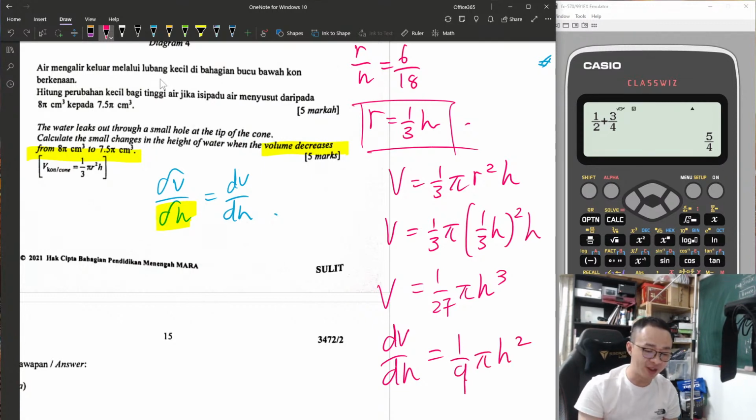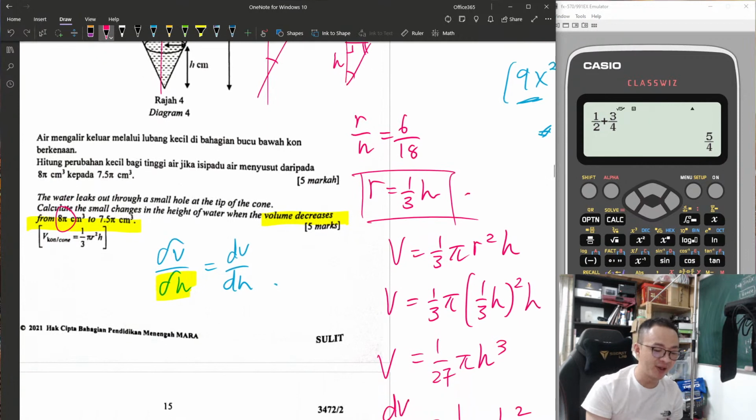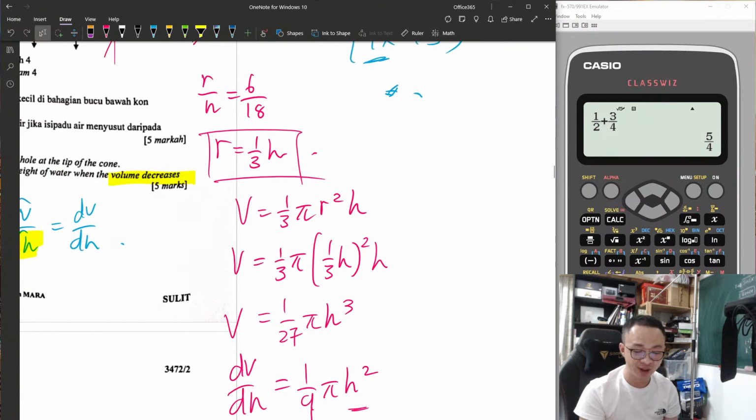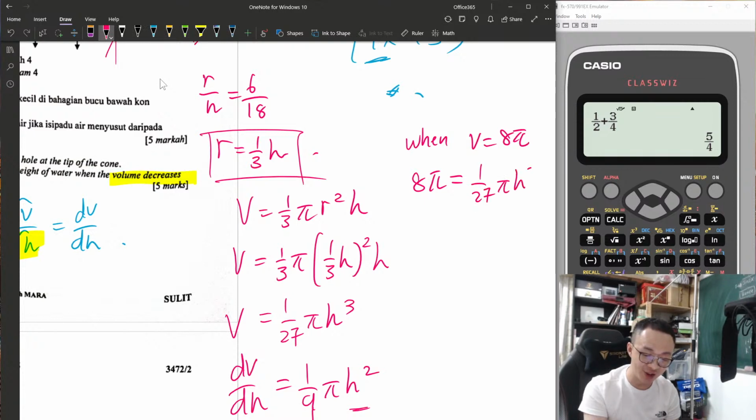Alright, I want to know what my height is here. I don't have the height, but I have the original volume, which is 8 pi. So I should be able to get h by substituting 8 pi into V. When V equals 8 pi, I have 8 pi equals 1 over 27 pi h cubed.